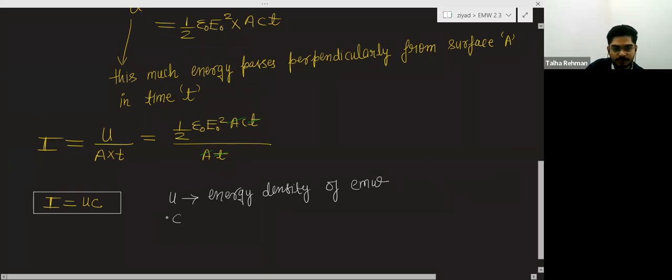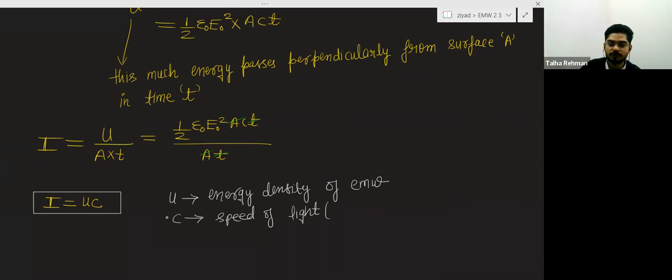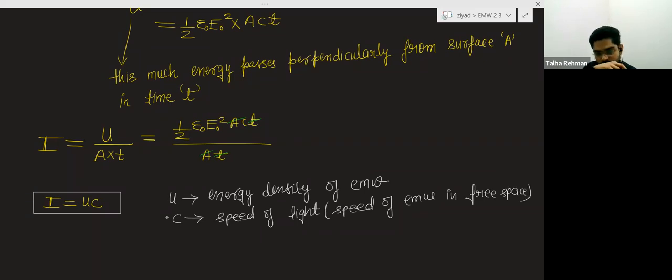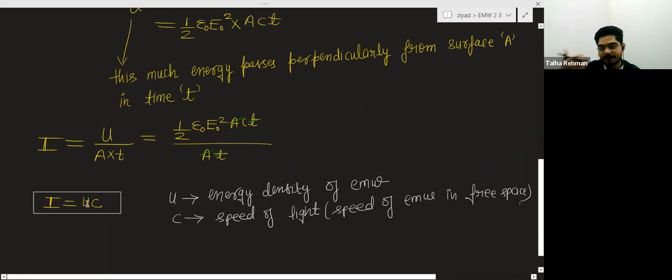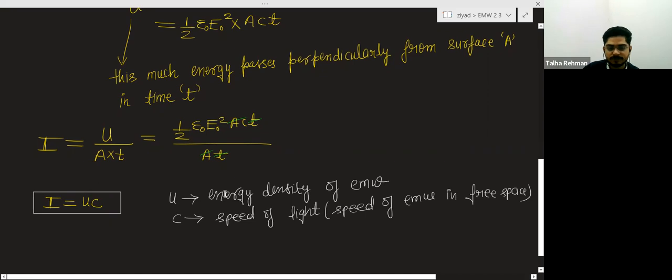And C is the speed of light, or you can say this is the speed of electromagnetic wave in vacuum, free space, or air. So I am writing free space. And basically this U is the average value. This is the small u and this is the capital U. There is a difference.